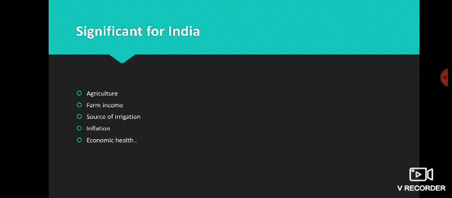Low supply definitely causes inflation, and it will affect our economic health. So this is the explanation of why it is very important for India, as it affects the basics of our Indian economy, from the agriculture system to inflation as well as the economic health of India. It has a role to play.